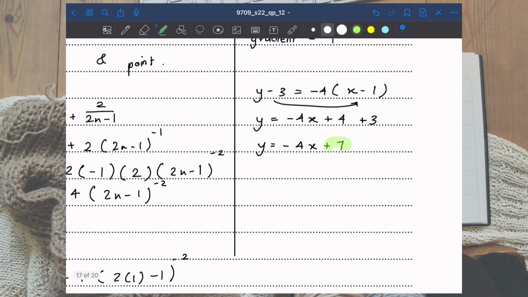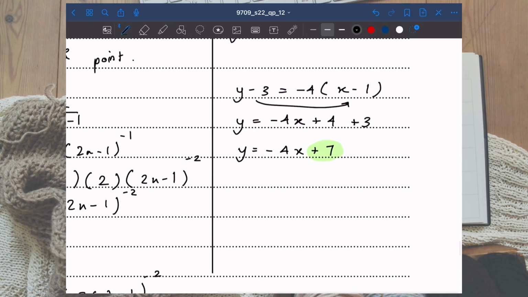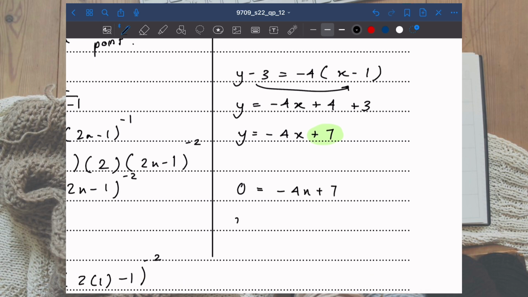So our y-intercept is 7. Our x-intercept will be when y is 0, so 0 equals -4x plus 7. x will be -7 over -4, which is 7 over 4.